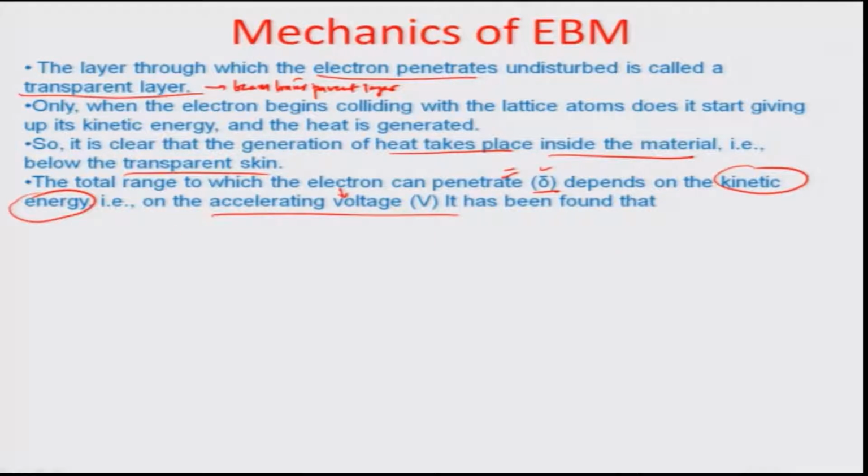So, that delta is empirically related again to both the accelerating voltage as well as the density of the material which is being machined, and in this case the empirical relation is delta = 2.6 × 10^-17 × V^2 / rho, where V is the accelerating voltage squared, divided by the material density rho.